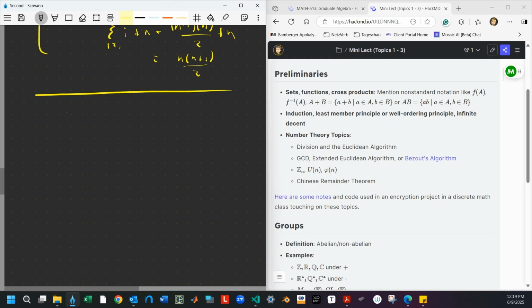So suppose that A equals the set of all n such that the summation i equals 1 to n of i does not equal n times n plus 1 over 2 is non-empty, right? So there, we can do that.